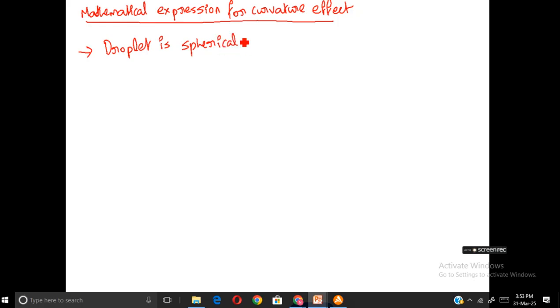That is the reason why this curvature effect is actually coming into play. We know the droplets are spherical in shape. So there is a net inward force that holds the water droplet together. So there is some force that is actually holding this water droplet together in this shape.